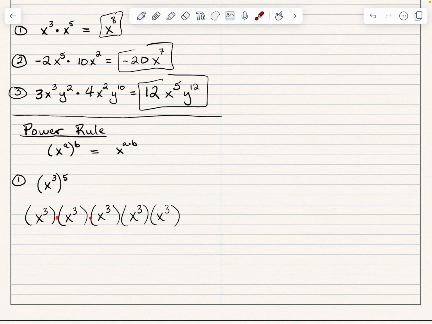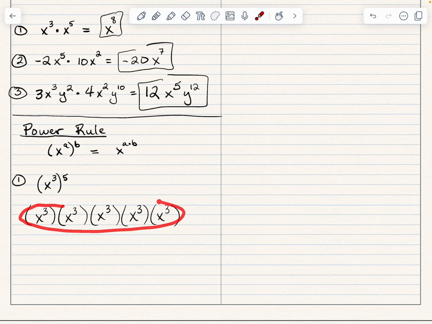Again, the symbol between these parentheses is like having a dot between them, like we did earlier. So this is like multiplying the same base together. And so we have 3 plus 3 plus 3 plus 3 plus 3. Well, 3 plus 3 5 times is the same thing as saying 3 times 5.